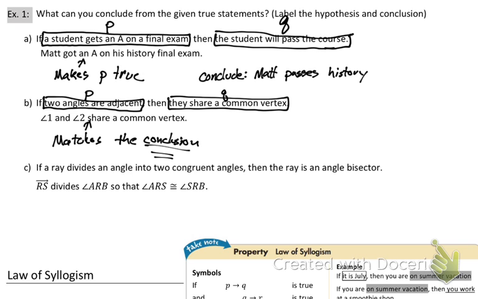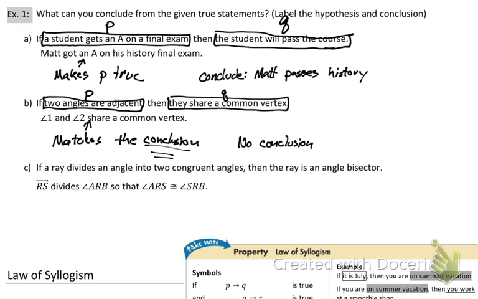But it does not match the hypothesis. No conclusion can be made. No conclusion can be made because the law of detachment says the hypothesis has to be true. Not the conclusion, but the hypothesis needs to be true.